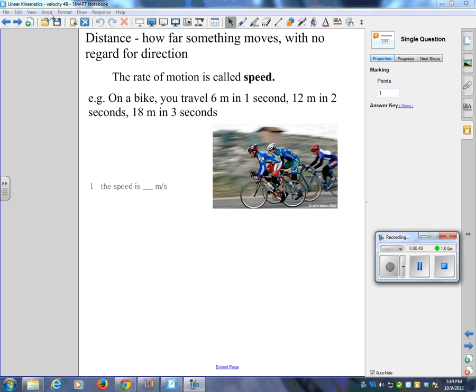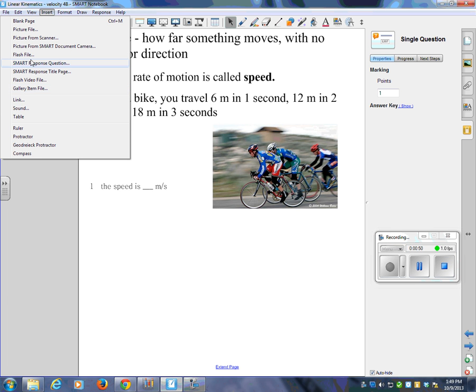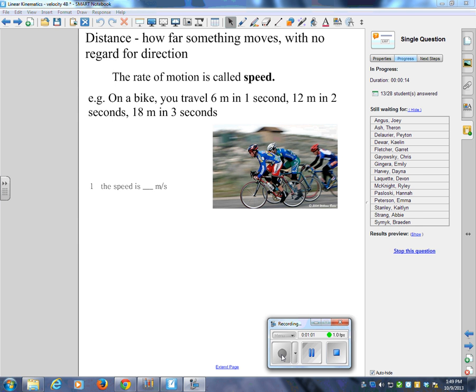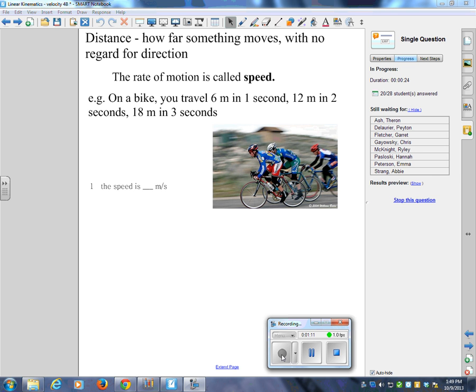You can type in your answer. Where is the response? Start assessment. Right? What's the speed? Not everybody's done. I'm waiting. Come on, you guys. Type in your answer. How fast is this bike going?